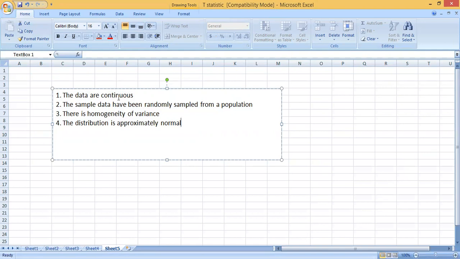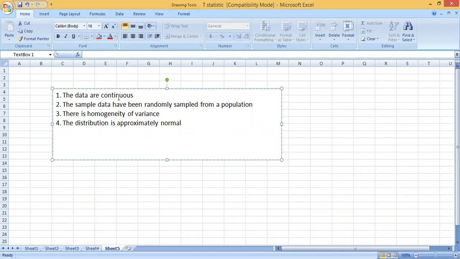There is homogeneity of variance. And the distribution is approximately normal. So there are about four assumptions.